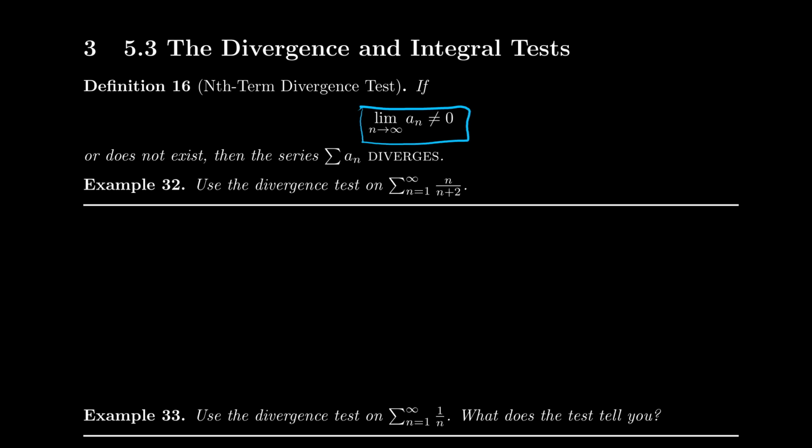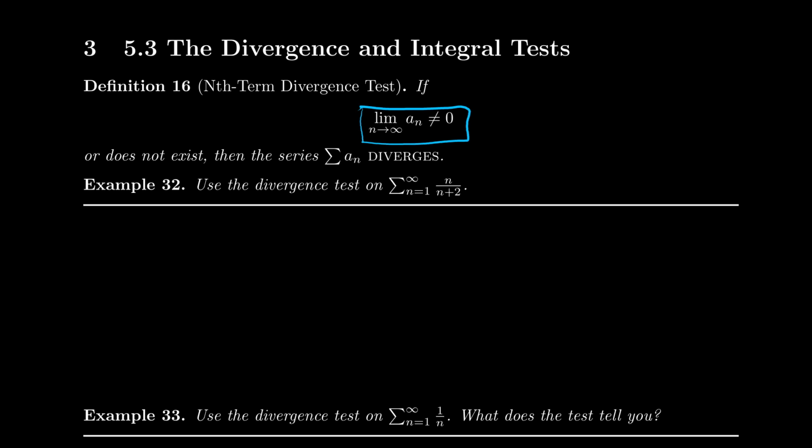At no point does it say that the limit as n goes to infinity of a sub n equals 0 means that the series itself converges. That is not true. But you can guarantee that if they don't go to 0, then it will diverge. So this is not a convergence test, it's a divergence test, and it only talks about divergence.